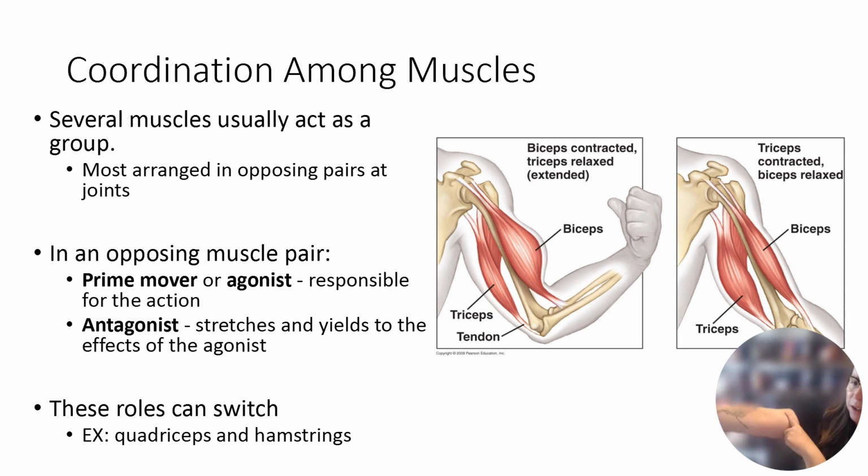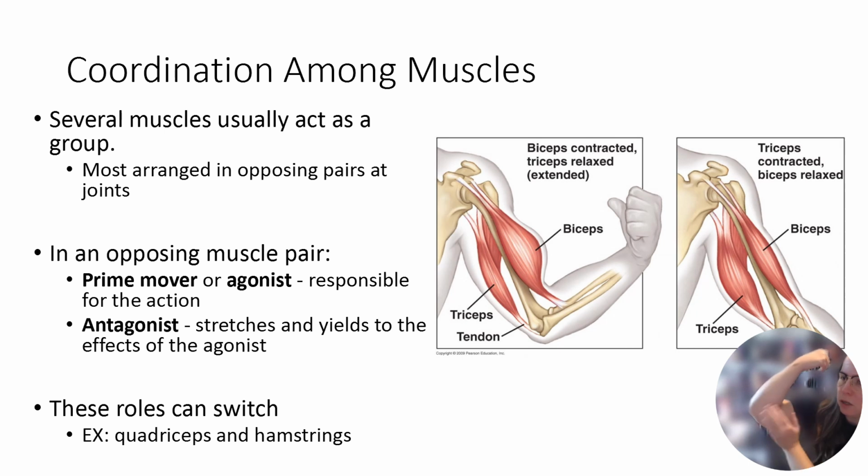But now I want to flex it. If I try to contract my bicep while my triceps are contracted, there's no movement. You guys can try it right now. There's literally no movement. I need to let my triceps relax, and then I can start to bend at the elbow. So one relaxes, one contracts.